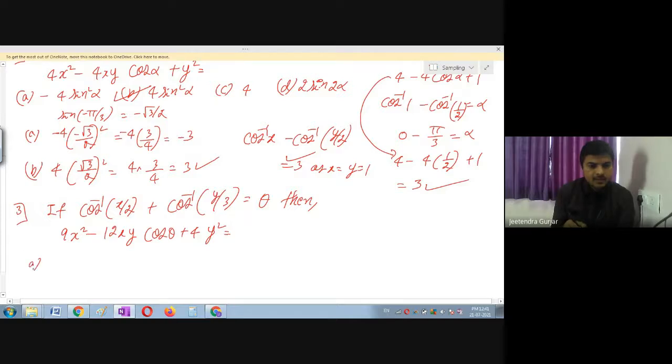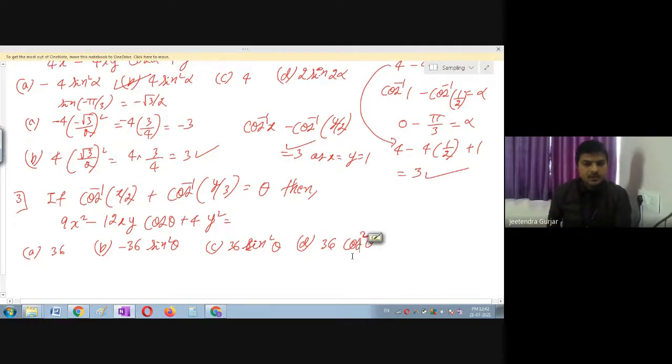Again, you can see easily four options they have given. A is 36, B is minus 36 sine square theta, C they have given 36 plus 36 sine square theta, and D they have given 36 cos square theta.